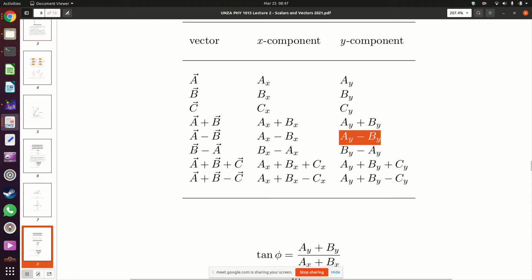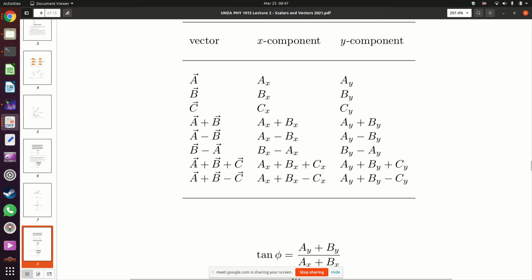So here, b minus a. Again, we want to find out how much b minus a is along the x-axis and how much b minus a is along the y-axis. So along the x-axis is going to be bx minus ax. So you're using the components. Then along the y-axis is going to be by minus ay. There.